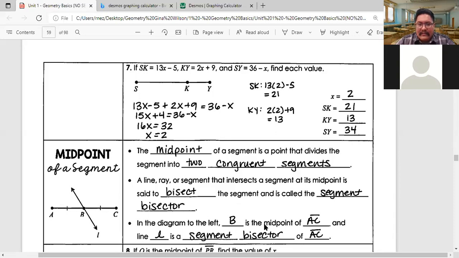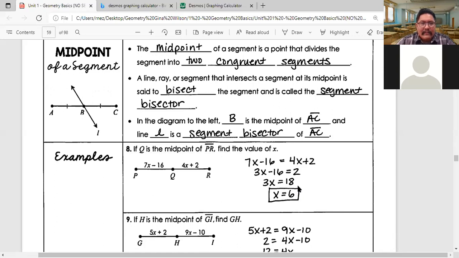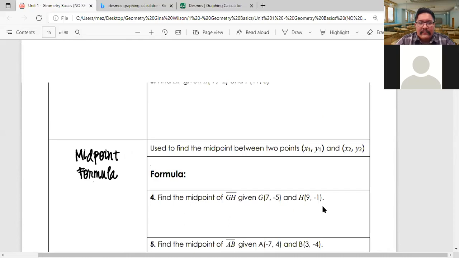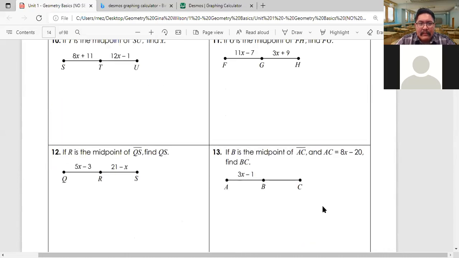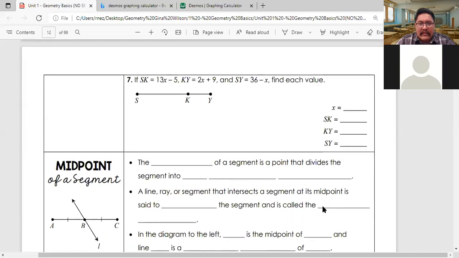Anyway, bisector just means cut it in two, and it's the bisector of AC. All right, I'm going to go to the next one, which looks like we have some examples here, and we're going to work on some of these. Let's see, where is the one we would have left off at?